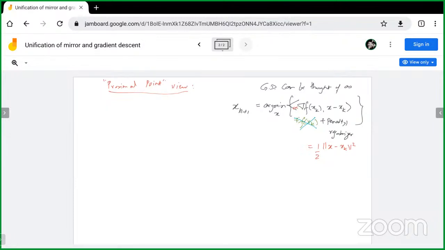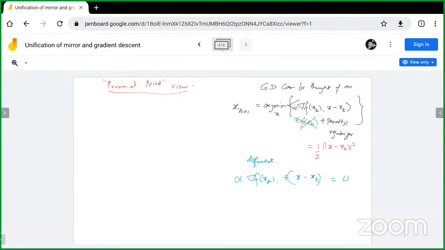So let's just differentiate this. So you get that alpha gradient of x_k plus x minus x_k would be 0.